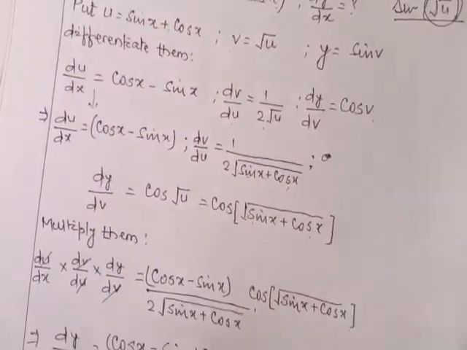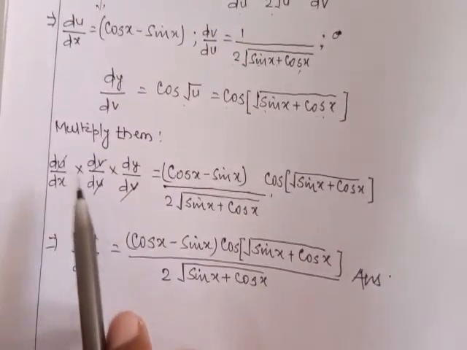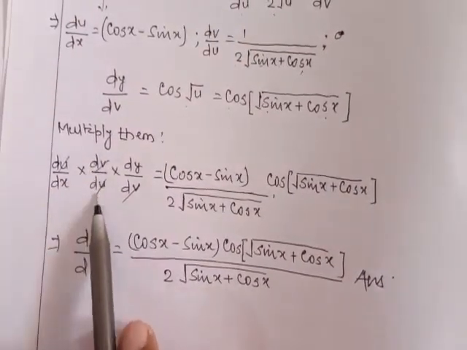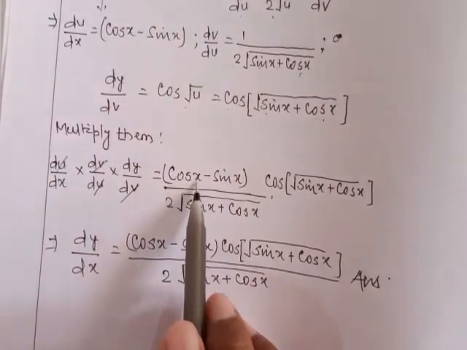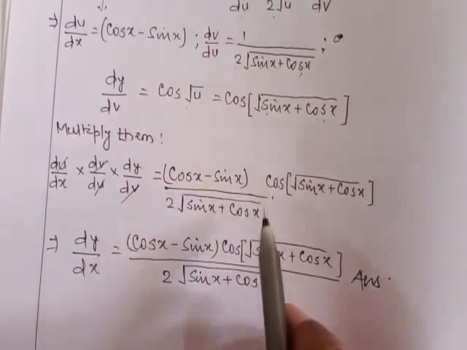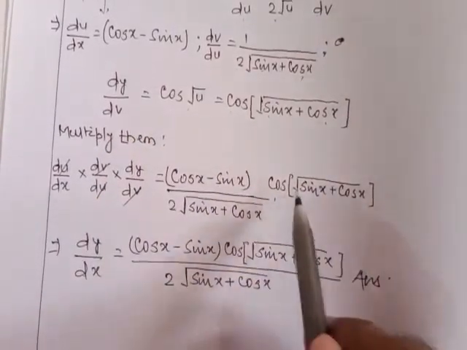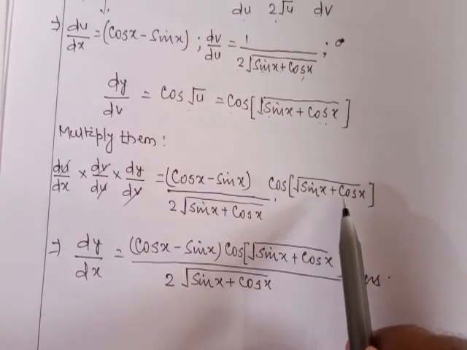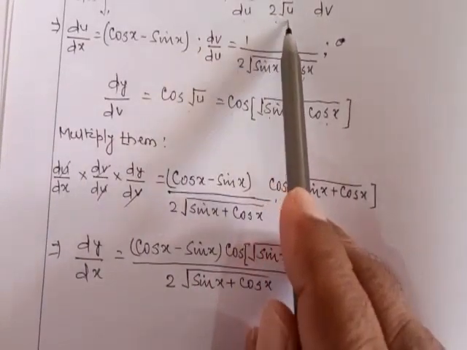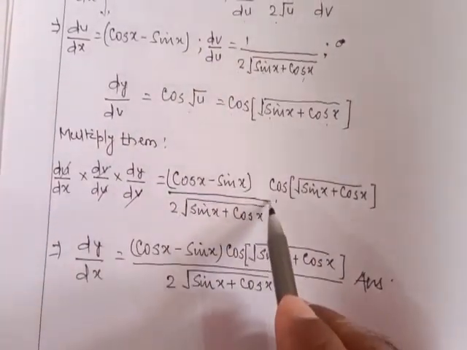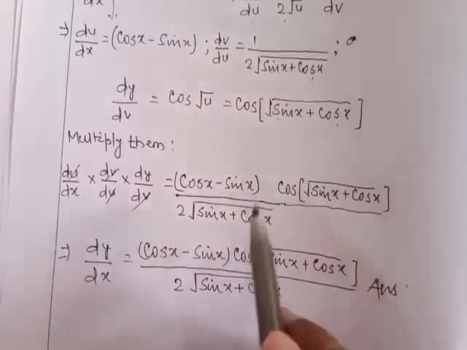Now multiply each of them. Then du by dx into dv by du into dy by dv is equal to cos x minus sin x, into cos of under root sin x plus cos x, and divided by 2 root u, so divided by 2 under root sin x plus cos x.